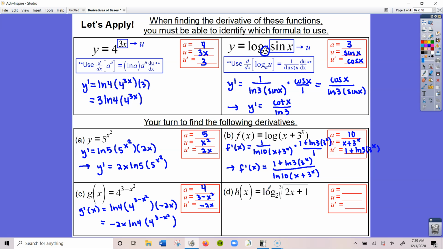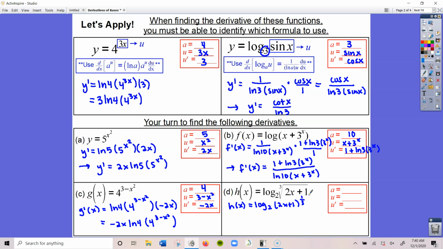Last one here, we have log base 2 of the cube root of 2x plus 1. Now, if I were to rewrite this, we have h of x is equal to log base 2 of 2x plus 1 raised to the 1/3. You can definitely use u to be 2x plus 1 raised to the 1/3, but then when you find u prime, you're going to have to use the chain rule, which could be kind of annoying and a lot more work.